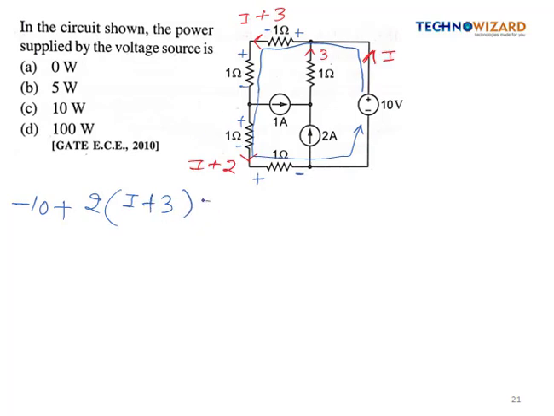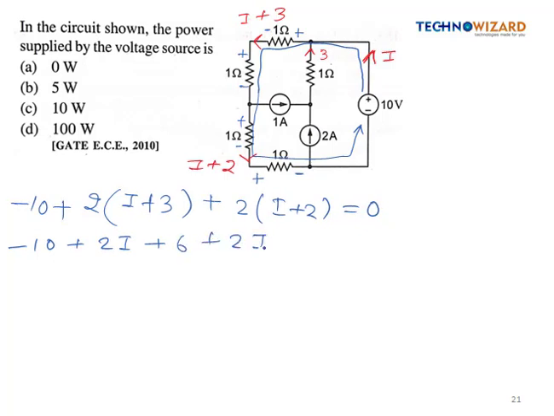Similarly, these 2 ohm and 1 ohm resistances are also in series, so it will be 2, current is I plus 2, equal to 0. So it will be minus 10 plus 2I plus 6 plus 2I plus 4 is equal to 0, so it will be 4I, so minus 10 plus 10 is equal to 0.